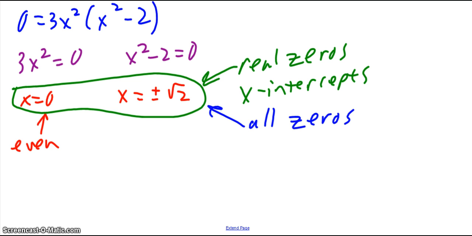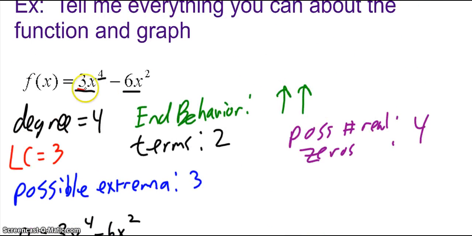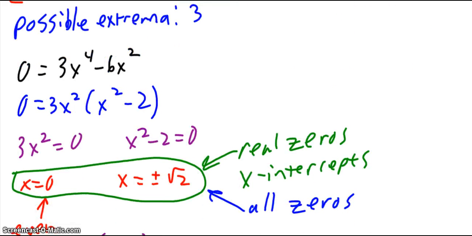And we also conveniently found our y-intercept, because if x has an intercept of 0, then y also has an intercept of 0. Remember, to find a y-intercept, in general, you plug in 0 for x into the function. So we found all of the zeros, the intercepts, the possible real zeros, the possible extrema, the terms, the turns, the leading coefficient, the degree, and the end behavior.